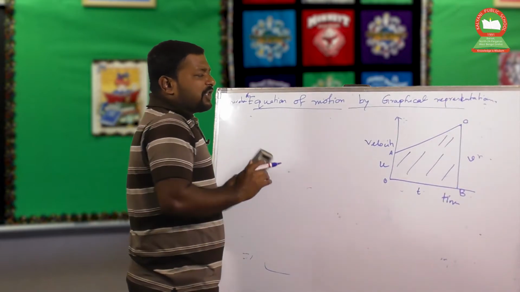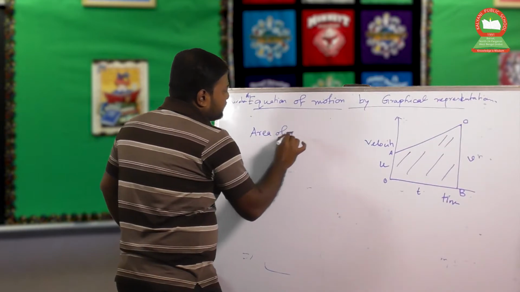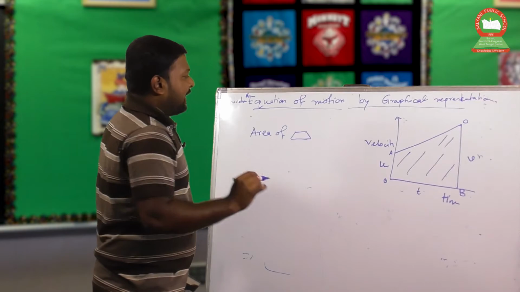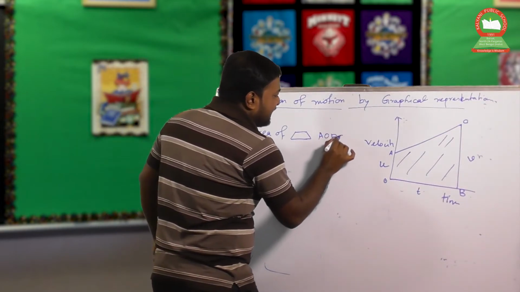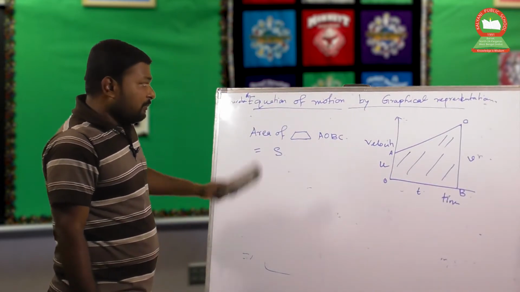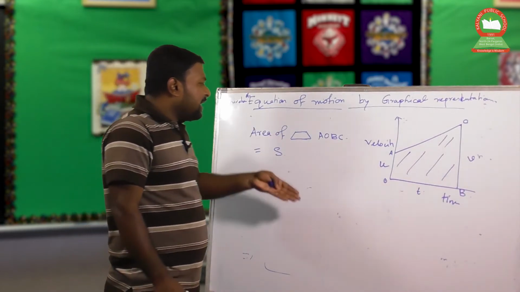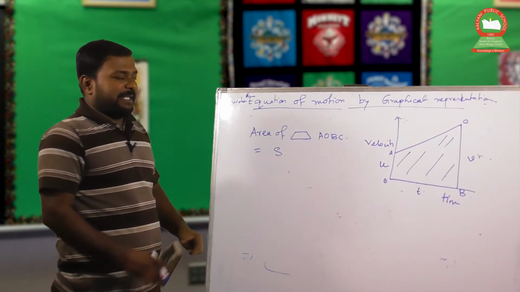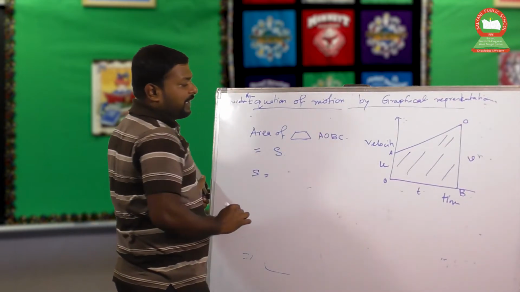So the area of trapezium AOBC gives you the amount of displacement, which is S. Why? Because in the previous lesson we have learned that the area under the velocity time graph gives you the displacement. So S is nothing but the area of AOBC.